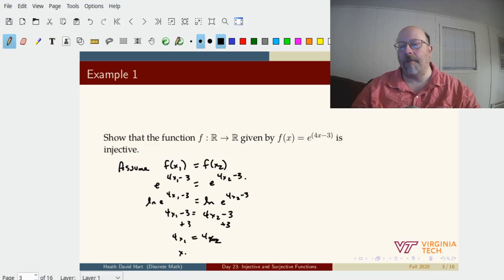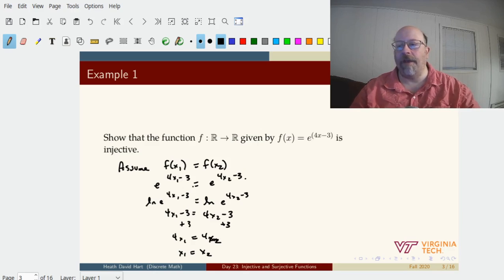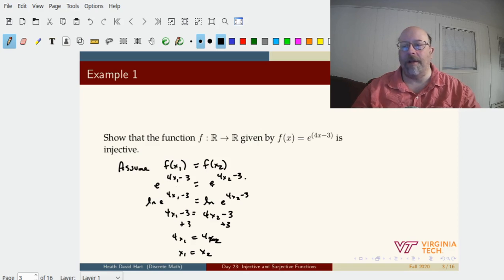And then if I divide by 4, x1 equals x2. And so there's a chain of steps I can use to derive that x1 and x2 have to be the same based on the fact that e to the 4x1 minus 3 equals e to the 4x2 minus 3. Okay? So this works. This is an injective function.